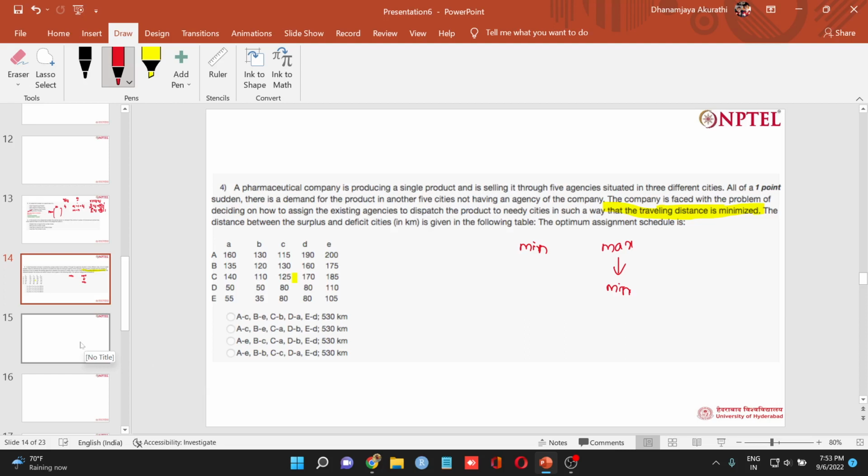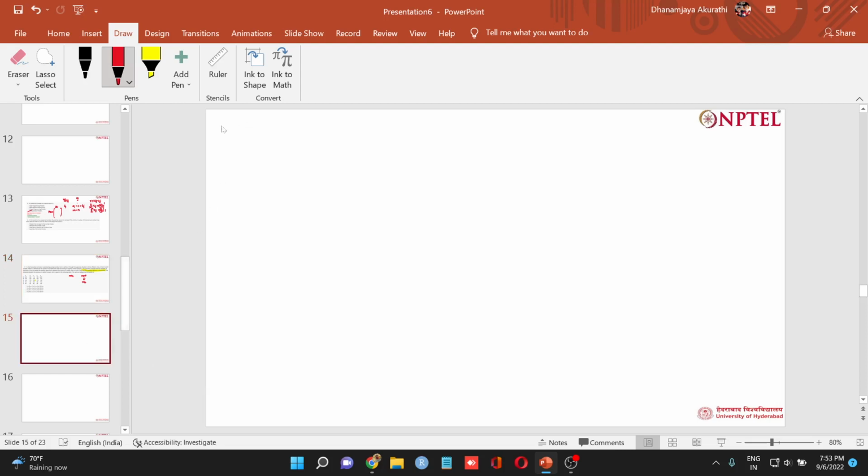First we can see here it is a minimization type, and there are four steps. The first one is row operations, the next is column operations, and the third is drawing lines. These drawn lines must be equal to the order of the matrix.